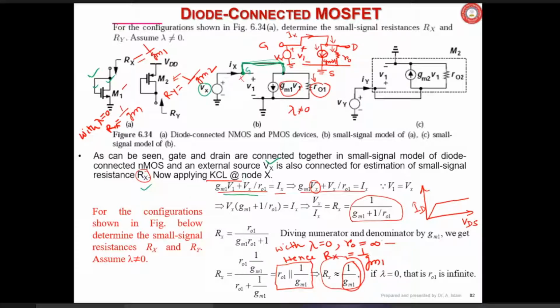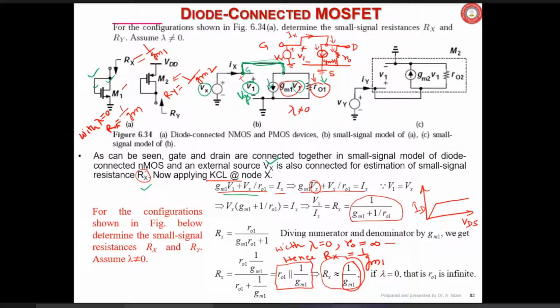Now applying KCL at node X. Can you write this one? gm1 V1, or gm VGS, you can write whatever you want. Here V1 is written, so V1 is also written here. gm1 V1 is the current, and Vx by ro1 is another current.